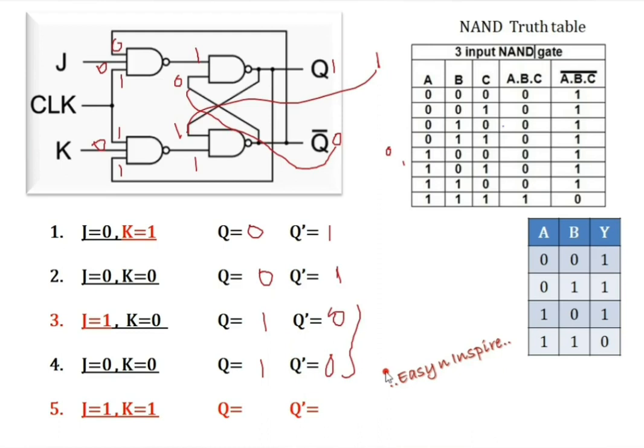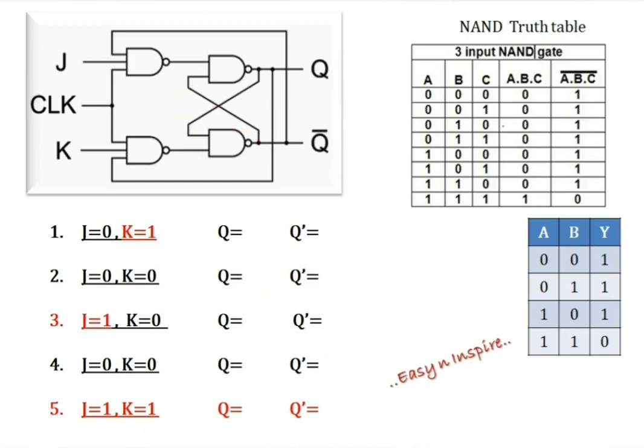Now the very important one is J equal to 1, K equal to 1 condition. You have to pay more attention here. I erased all this data. I'm just placing 0, 1, 0, 1, 1, 0, 1, 0.